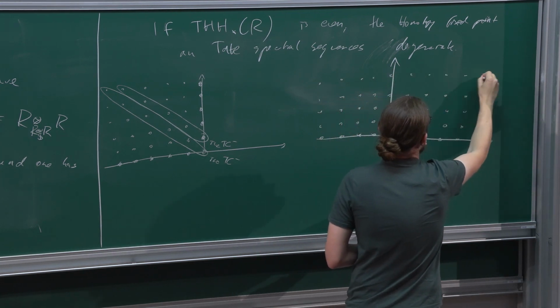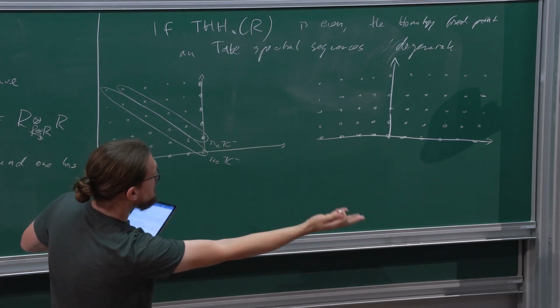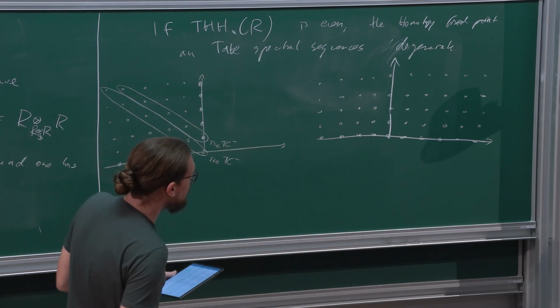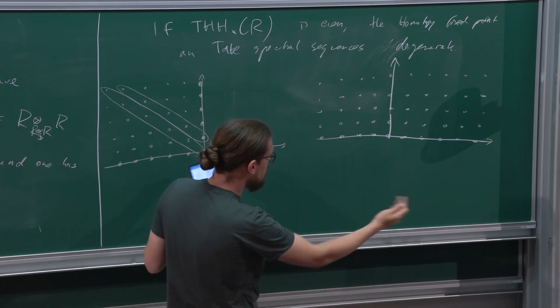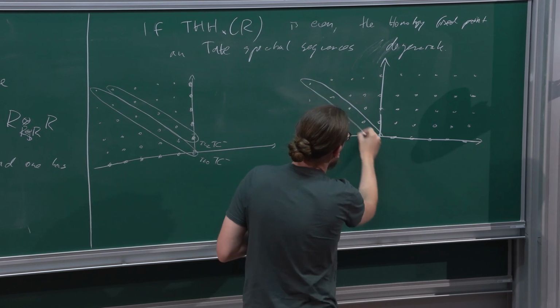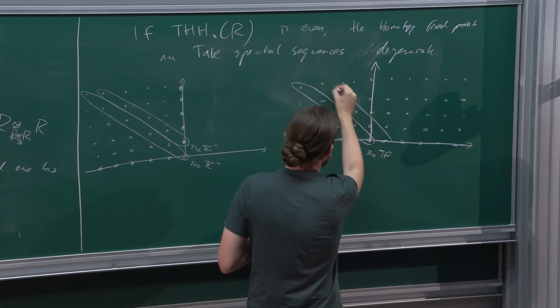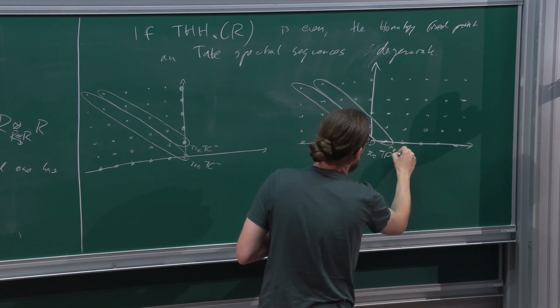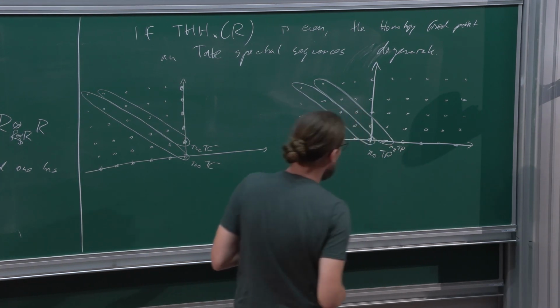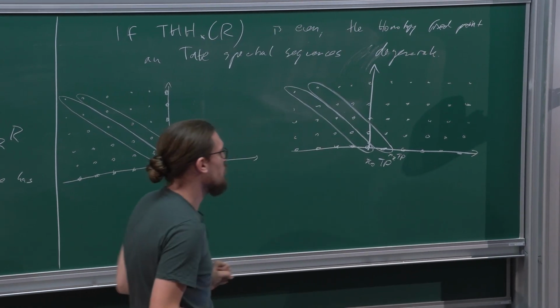And again, every dot lives in even degrees. There's no space for differentials, and this degenerates. And now here you would see pi 0 of TP and pi 2 of TP, and so on, as possibly complicated extensions of the homotopy groups of THH.